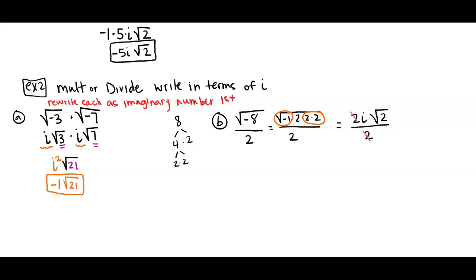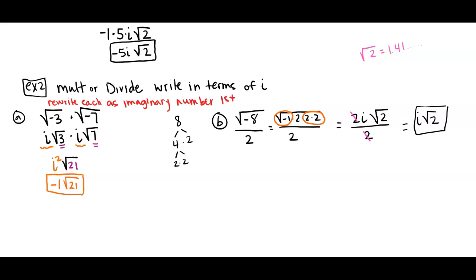But I couldn't cancel the square root of 2 with the 2, because the square root of 2 is really like 1.41 and so on. It doesn't make sense to try to divide those out, because they'd need to divide out to be a 1. That just leaves me with i square root of 2, and that would be your answer on that one.